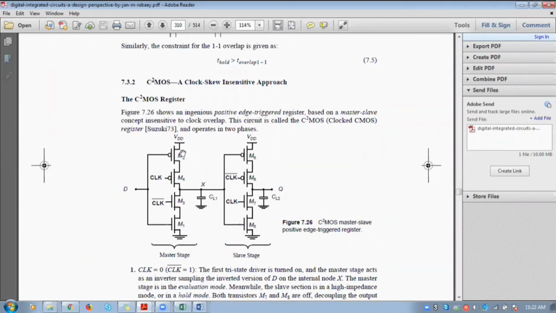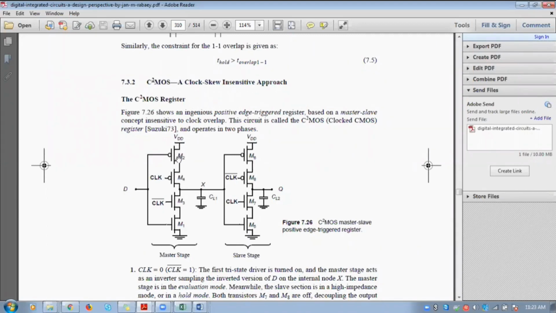You see here in between, forget about this clock and clock bar. You simply consider M1 and M2. It is a normal CMOS inverter, which is supplied with D as input at both of the gates of NMOS and PMOS. In between your normal CMOS, we are connecting clock. That's why the name is clocked CMOS.